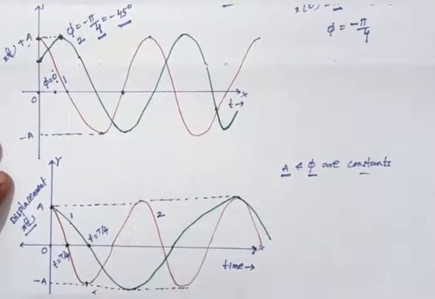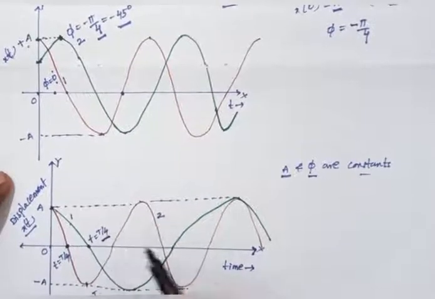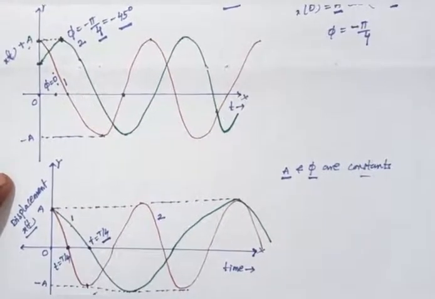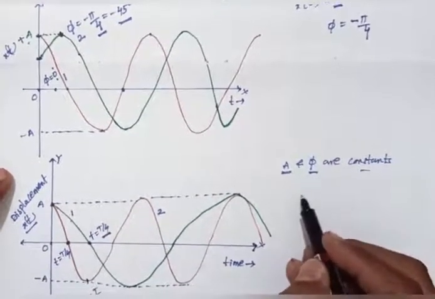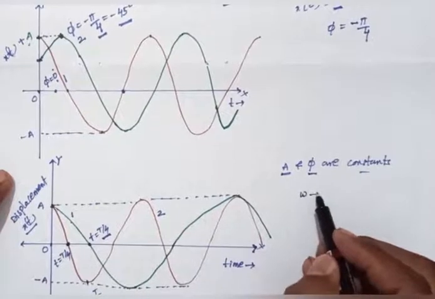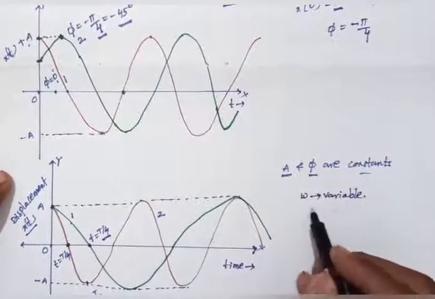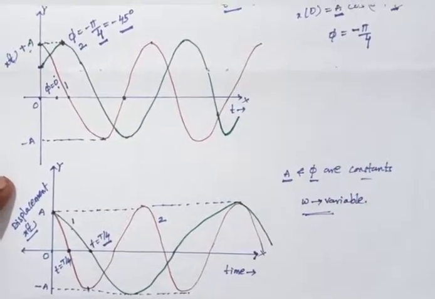So that is the difference: the time period is double that of the first wave. So omega is variable here. The omega, the angular speed, changes in the third graph.